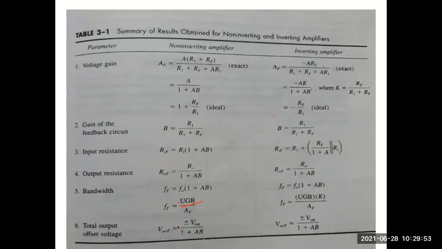Can somebody define what is output offset voltage in an op-amp? You have studied this. What are offset voltages in the context of op-amp?